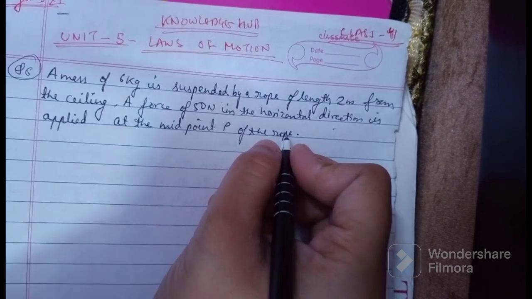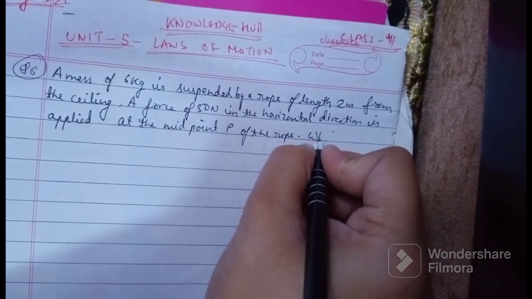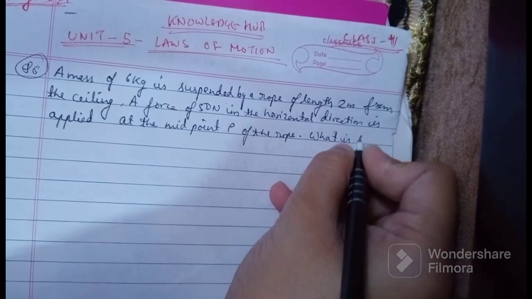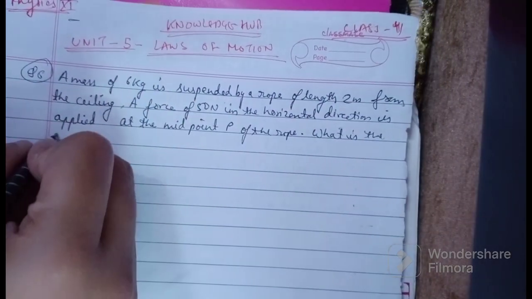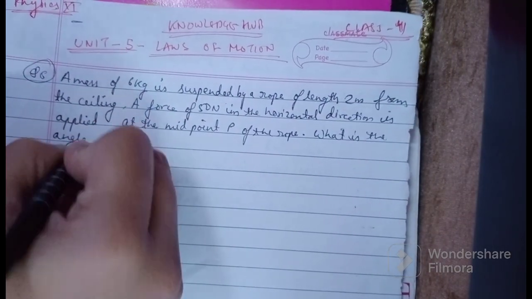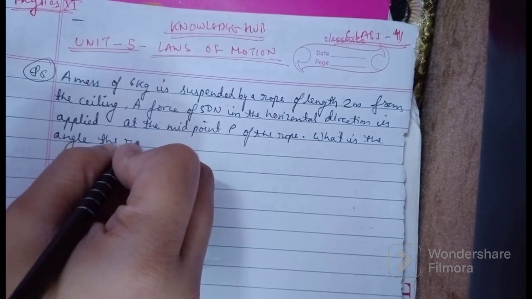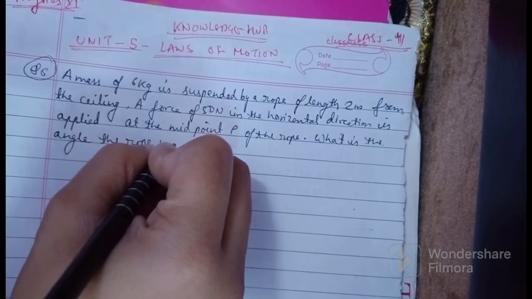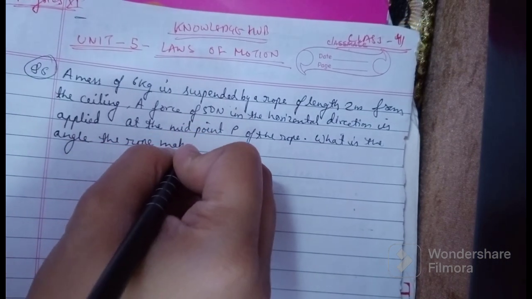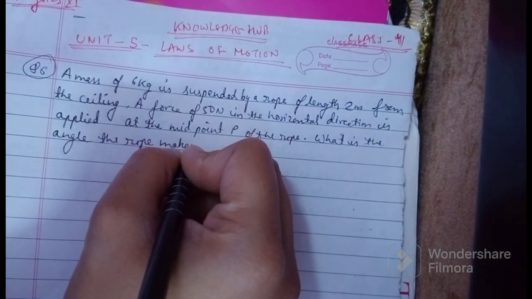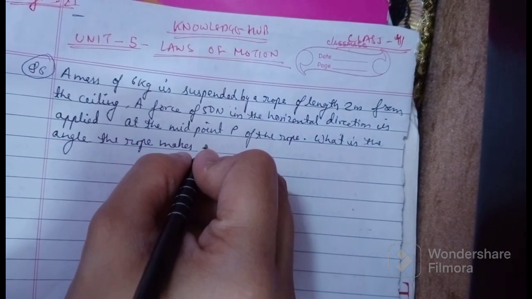What is the angle the rope makes with the vertical in equilibrium?